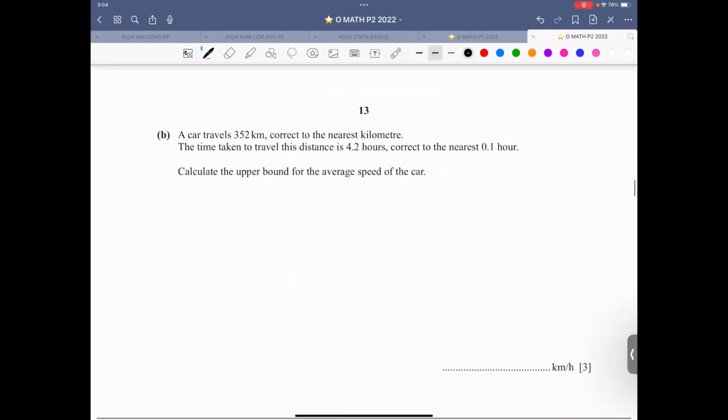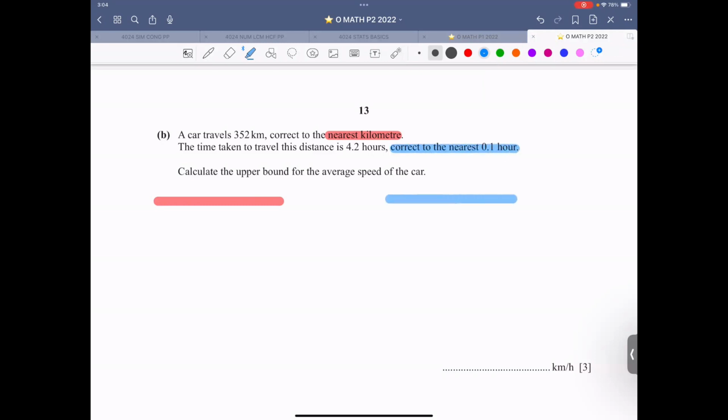Part B. A car travels 352 kilometers, correct to the nearest kilometer. So nearest kilometer or nearest unit, what is the thing about it? The upper bound and the lower bound. It's a question of that. The time taken to travel this distance is 4.2 hours, correct to the nearest 0.1 hour.